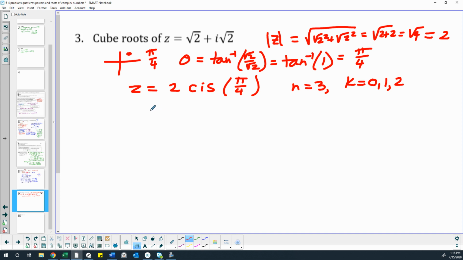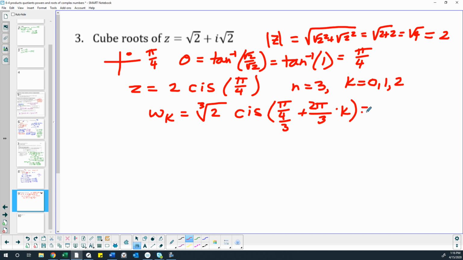So we're going to go w sub k is equal to the cubed root of 2 times the cosine plus i sine of pi fourths divided by 3 plus 2 pi divided by 3 times k. So that would be pi 12ths plus 2 pi thirds k, right? Okay, so I just simplified that part of it.